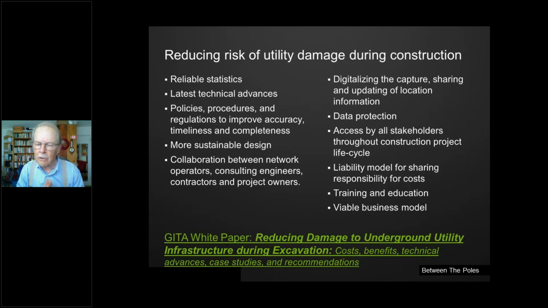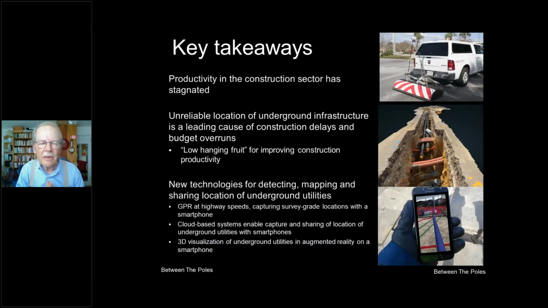And it contains a lot more information about the technologies and costs and other things that I've mentioned on this presentation. So the key takeaways that I'd like to leave you with: first of all, productivity in the construction sector is a problem. One way that could be used to improve productivity in the short term is improving the location of our information about underground infrastructure, which is a leading cause of construction delays and budget overruns.